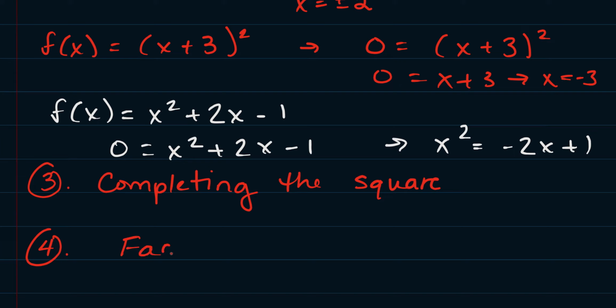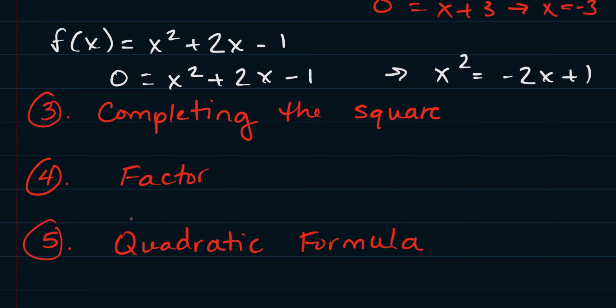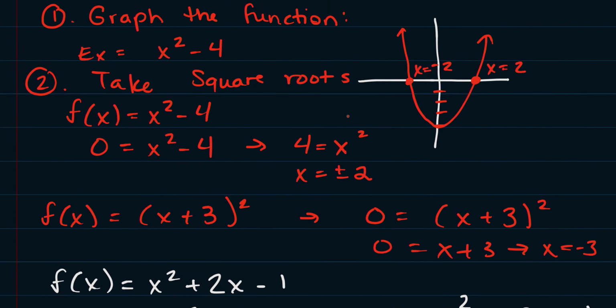We can factor. But again, sometimes these methods won't work for every problem. But the one that will work no matter what is something called the quadratic formula. But this formula is a little complicated and you don't want to always use the quadratic formula. So I'm going to give you several examples of problems where we want to find the x-intercepts.